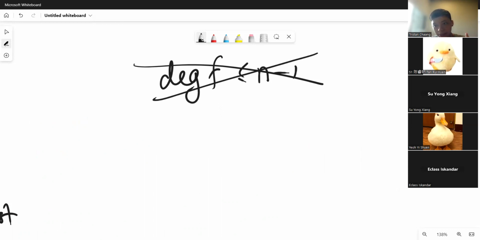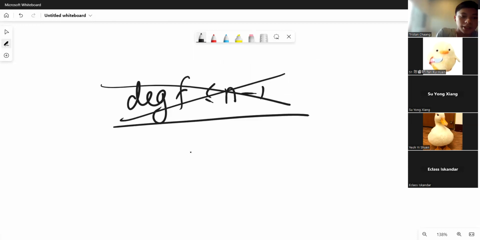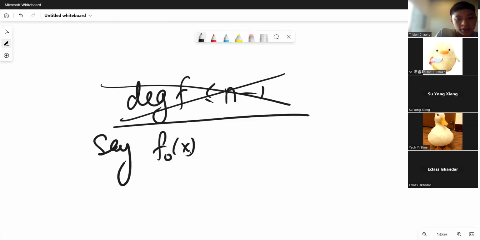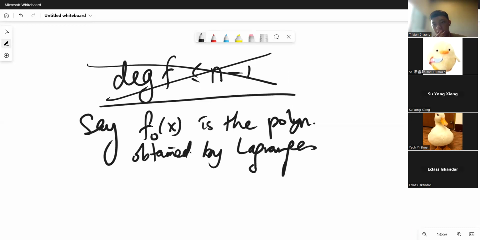Because if you want to agree at n points, I can just agree at those n points and agree at some other n plus 1 point and let the n plus 1 be anywhere. But say f naught(x) is the polynomial obtained by Lagrange interpolation.